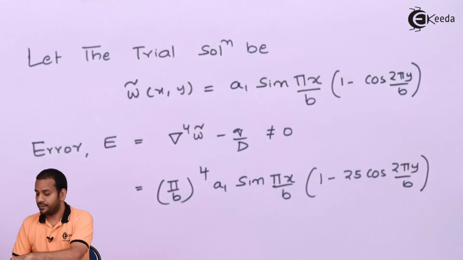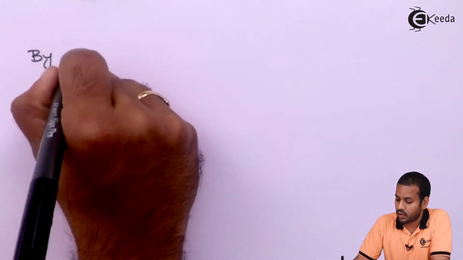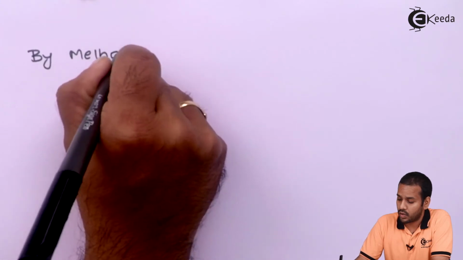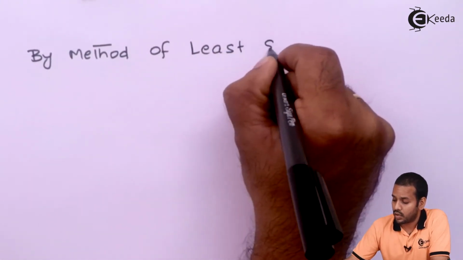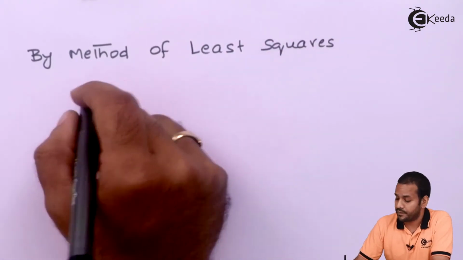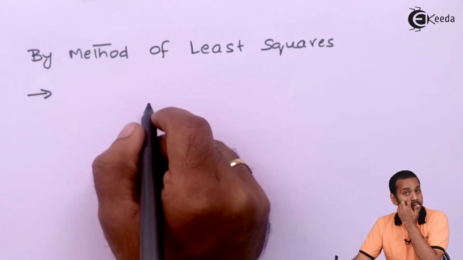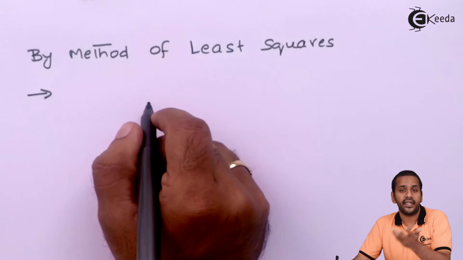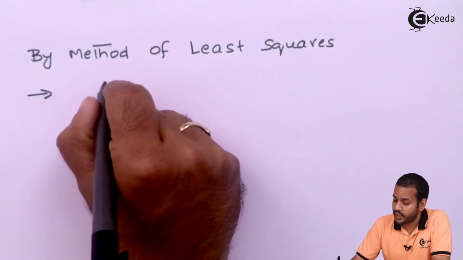Okay, so now by method of least squares, we are going to make this error 0 in an integral sense, isn't it? So how are we going to make it in an integral sense?